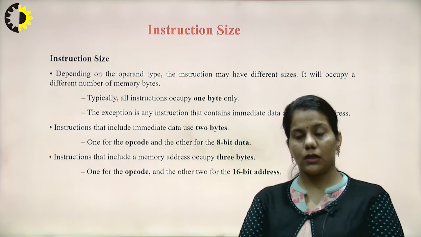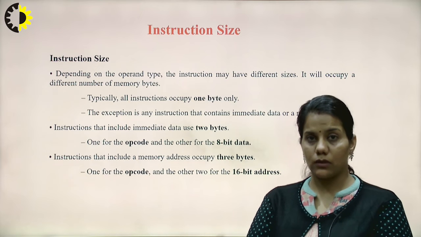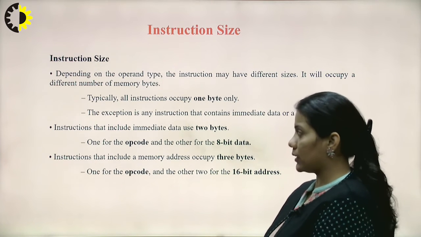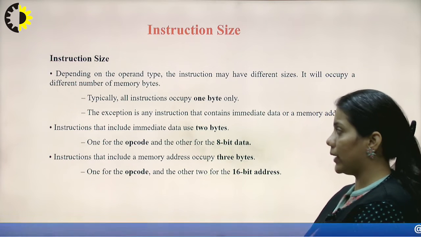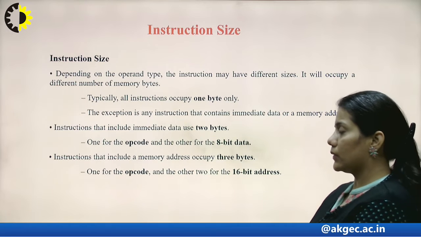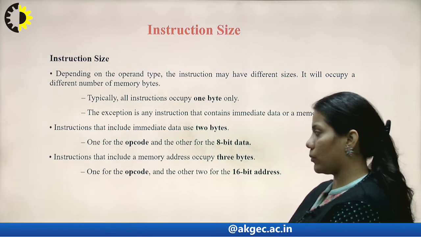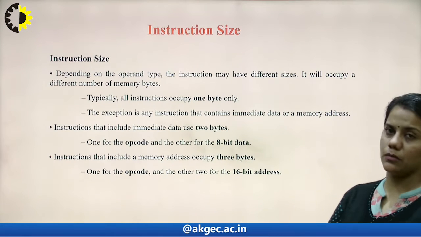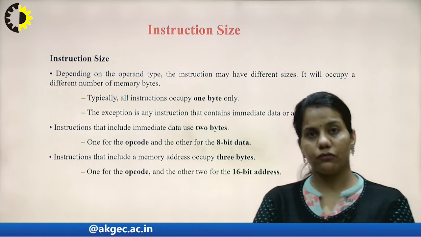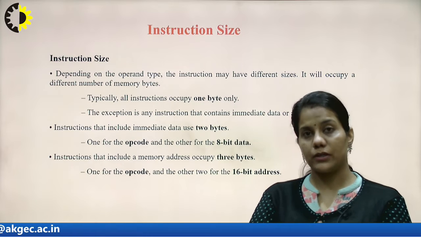Instructions that include immediate data use 2 bytes, one for the opcode and the other for the 8-bit data. Instructions that include a memory address occupy 3 bytes, one for the opcode and the other 2 for the 16-bit address. In this way, different types of instructions take different numbers of memory bytes depending upon the operands given in the instruction.